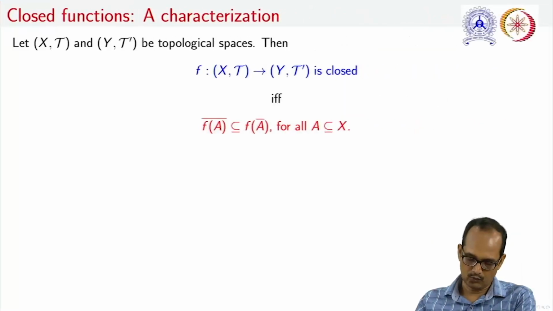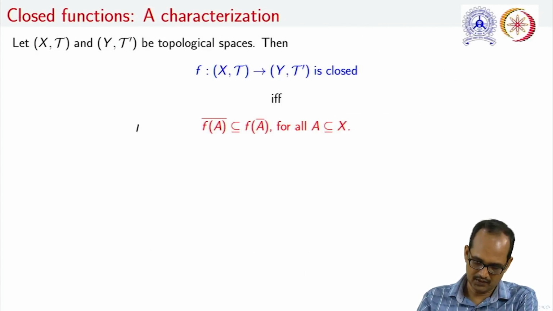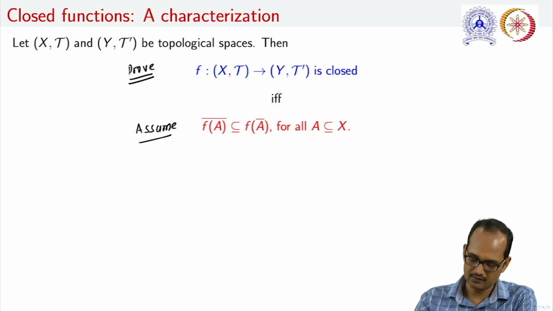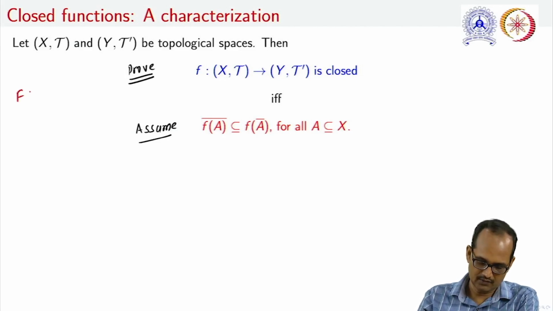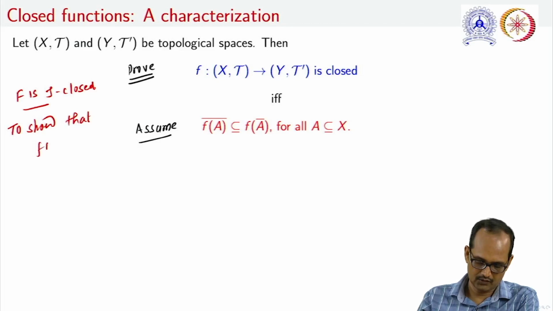In order to prove the converse part, let us assume it and try to justify that f is a closed function. In order to prove that f is a closed function, let us take F as tau closed. We are assuming it, and we have to show that f of F is tau dash closed.